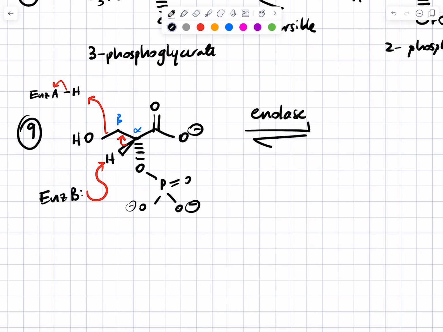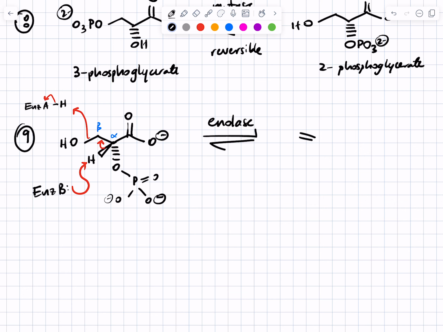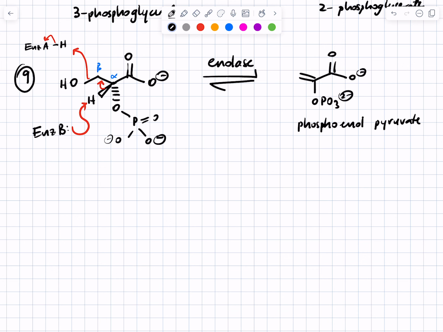A dehydration reaction, we basically lose water, and the product here is this. And this is called phosphoenol pyruvate. And to understand this name, you sort of have to know what pyruvate is.